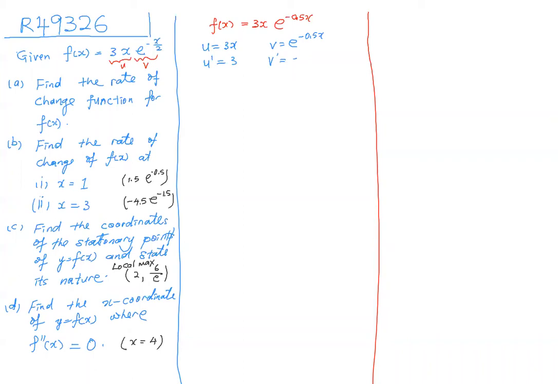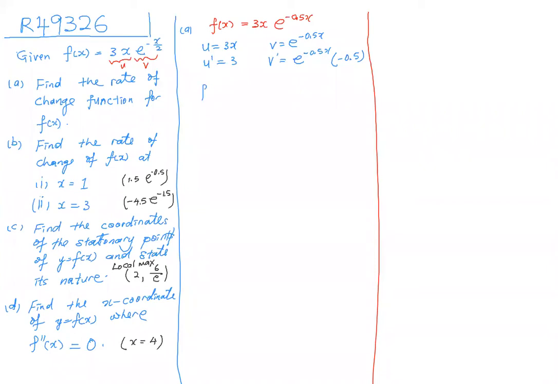Yeah, so I write it as this: e to the power negative 0.5x, times by the derivative of the power, negative 0.5, right? Okay, good. Okay, Bram, what is f prime x?